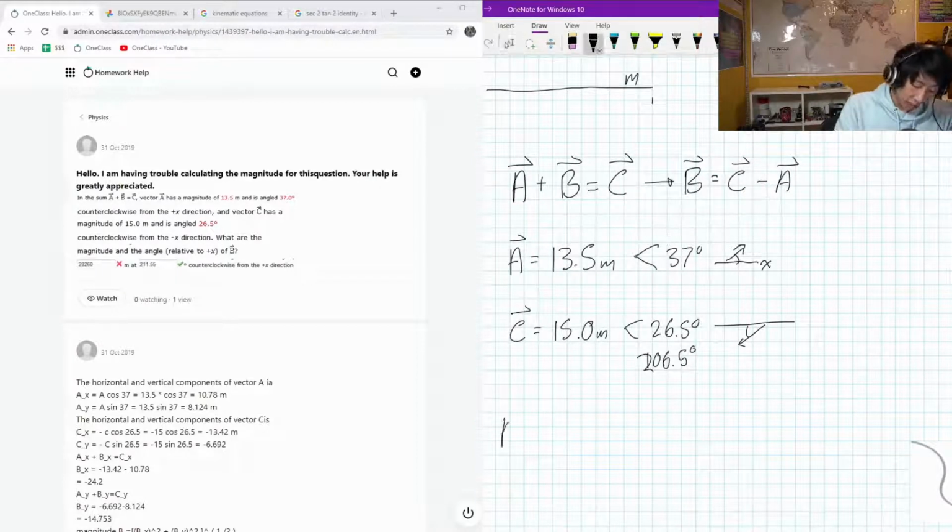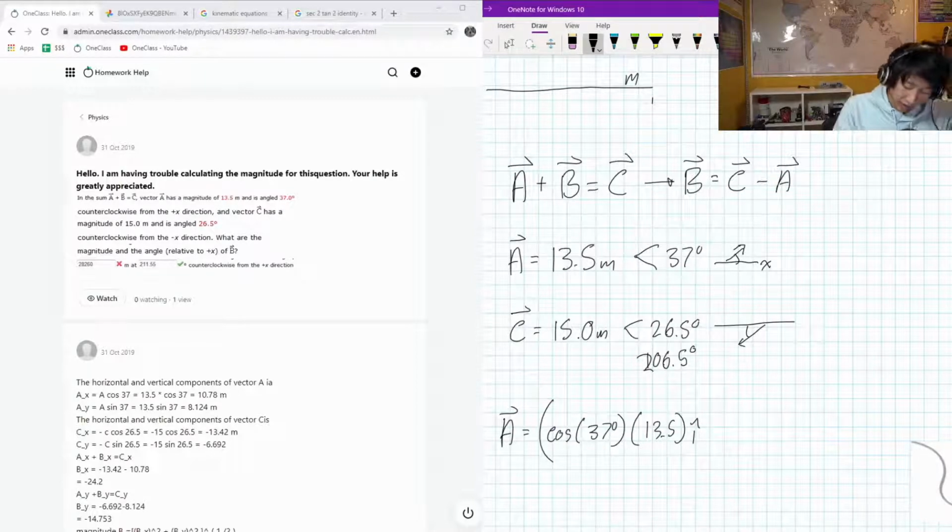So for A, to convert it, the I component is going to be horizontal, and that's going to correspond to a cosine. So cosine 37 degrees times 13.5 in the I direction. I'll write the units outside.